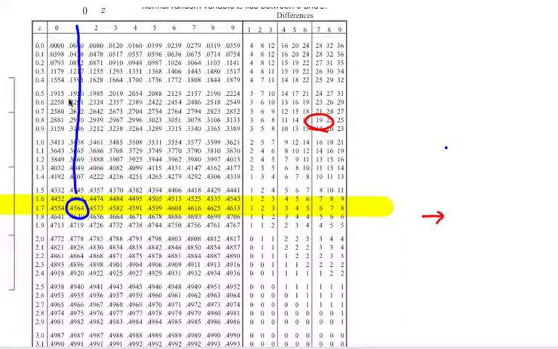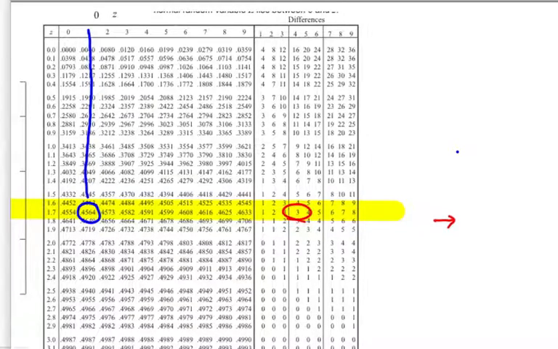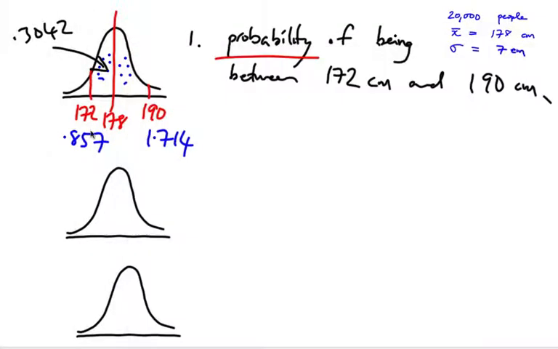So that's 0.4564, and then 4 is this one down to there, and that's a 3. If you add those together, you get 0.4567. Easy.